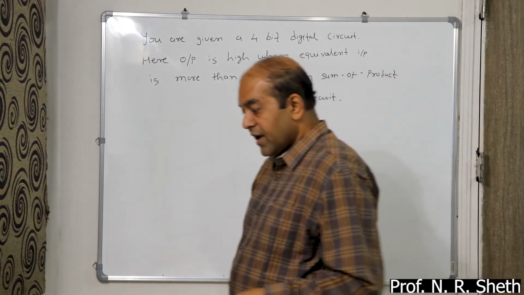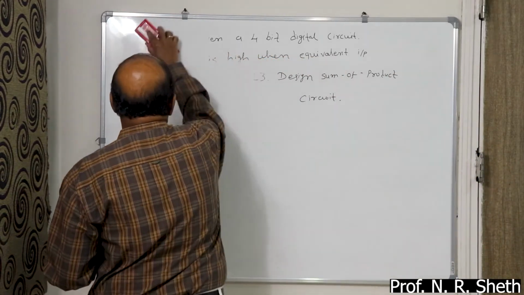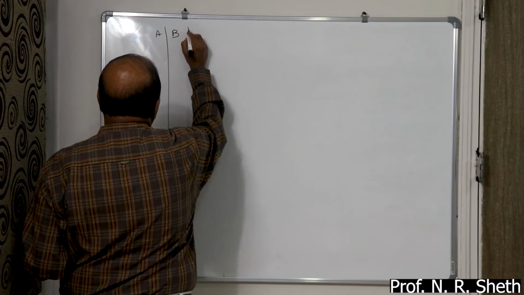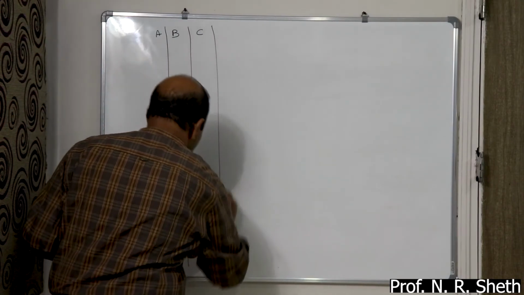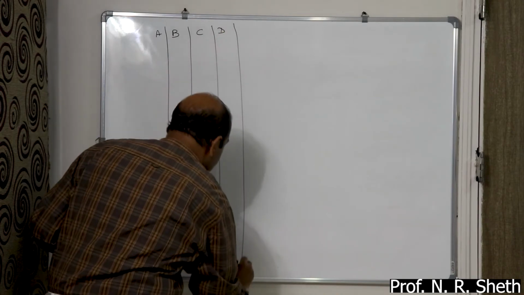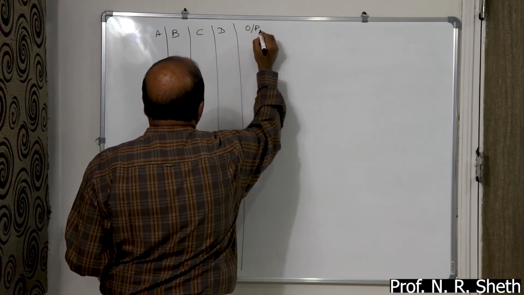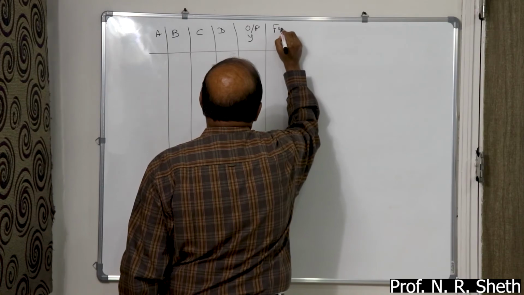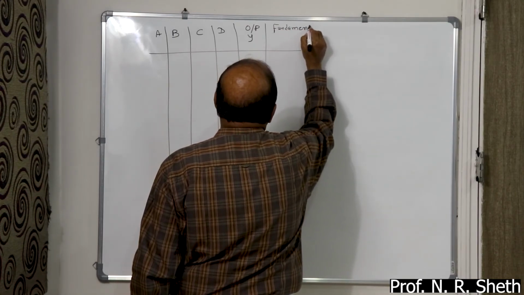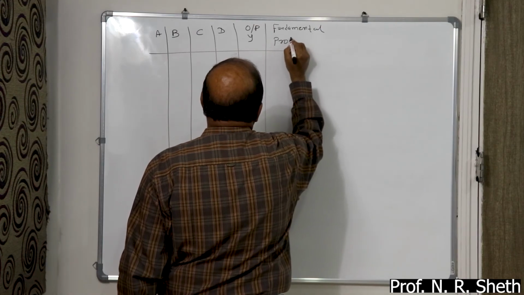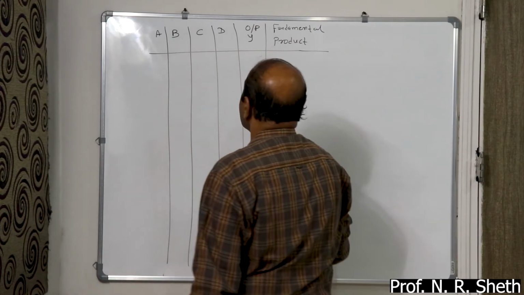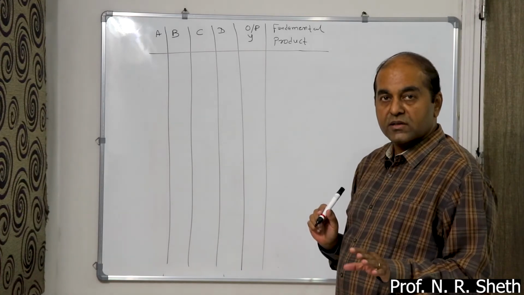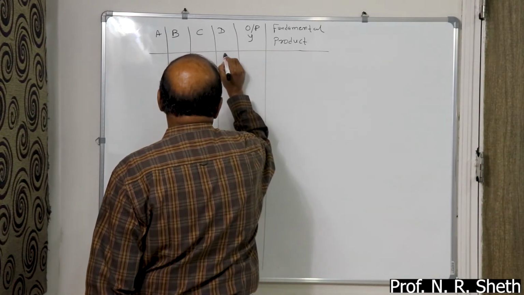Okay. Again, truth table. A, B, C, D inputs, output Y, fundamental product, 16 cases, here 0, 1, 0, 1, 16 times.